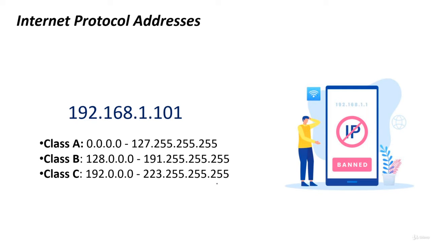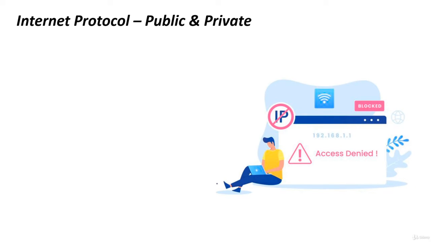Now guys, if you want to understand what is a private IP and what is a public IP. If you talk about a public IP address, what is it? A computer on the internet is identified by a unique 32-bit address, which we have seen.